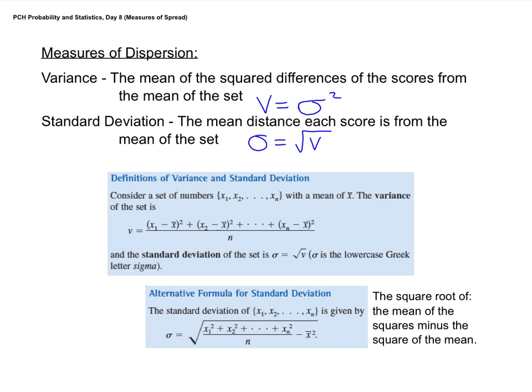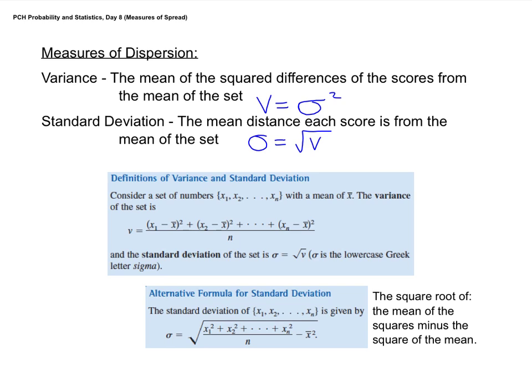All right, so we have two measures. One is really more just a tool to get to the second one, okay? The variance is the mean of the squared differences of the scores from the mean of the set, okay? And we'll explain that in a second here. The standard deviation is the one that we use more often, okay?